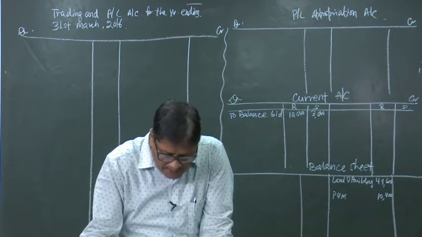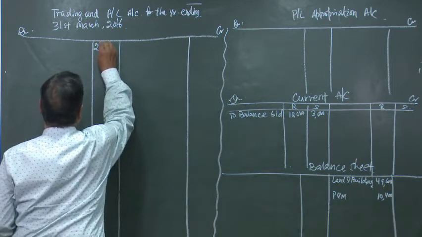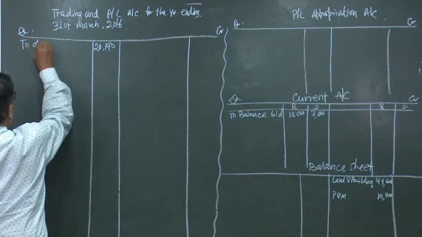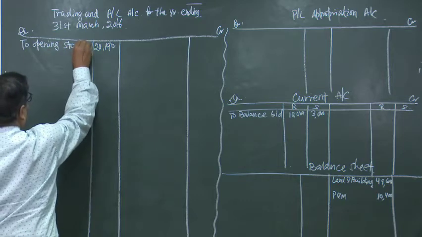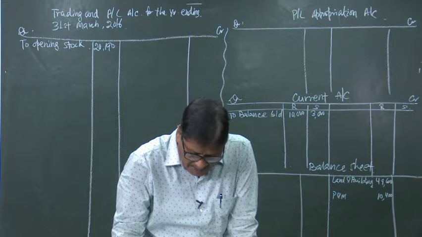Stock on 1st January 20,190. This is the opening stock. To opening stock 20,190.